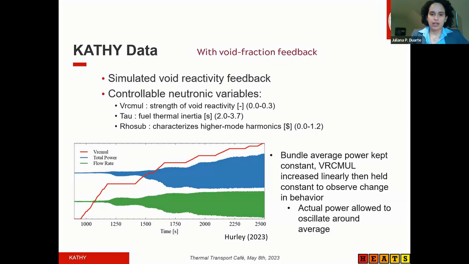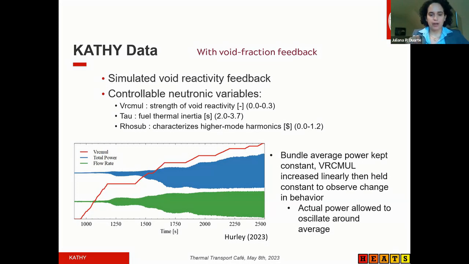Then they changed the void reactivity coefficient during the experiment. The VRC-MUL variable is the void reactivity multiplier. It is multiplied by the void reactivity coefficient, which allows changing the power.